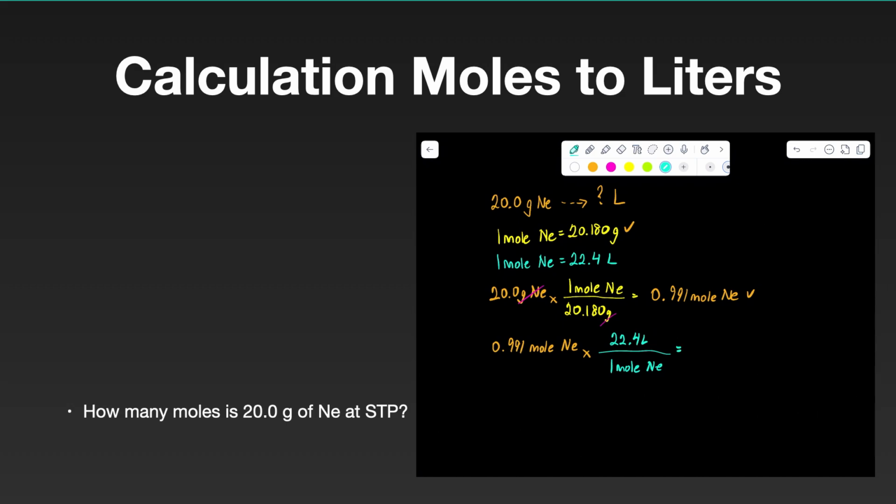So that's great. The moles now cancels. And on your calculator, you can enter 0.991 times 22.4. And let's see here. I get 22.2 liters. So that's going to be how you do this problem.